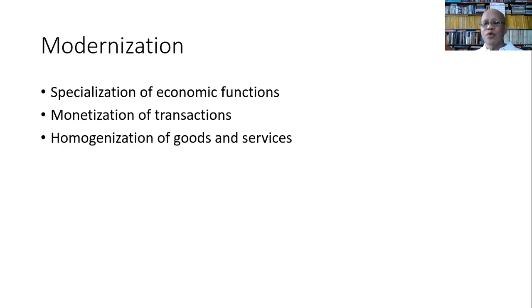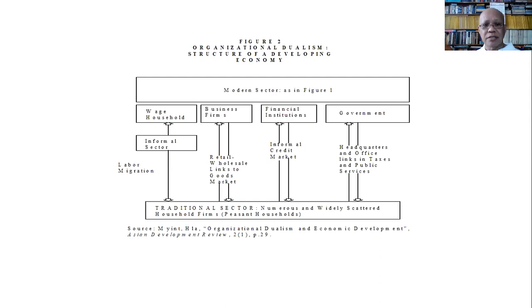For those that cater for wider markets, they are generally more and more homogenized because they're being mass produced. But more than that, for easy recognition by consumers. So these are the main characteristics of a fully modern economic society, of a fully developed economic system, that they have a high degree of specialization of economic functions, a high degree of monetization of transactions, and a high degree of homogenization of goods and services.